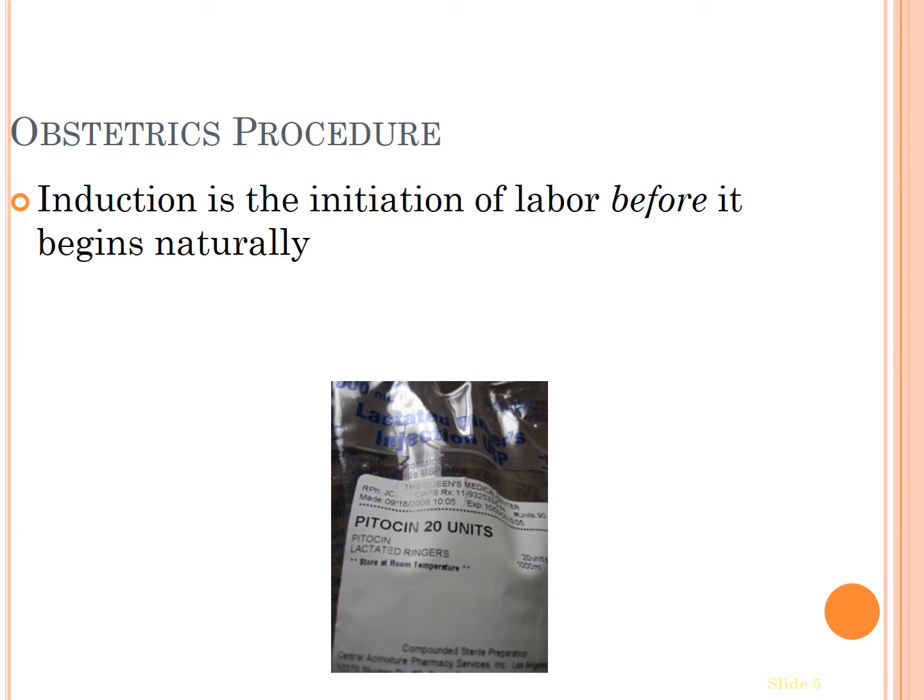I have a slide a few slides later, but in your chapter on page 175, table 8-1, it discusses that. This is just another way physicians can identify how mature the baby may be. Again, it's not a definite.